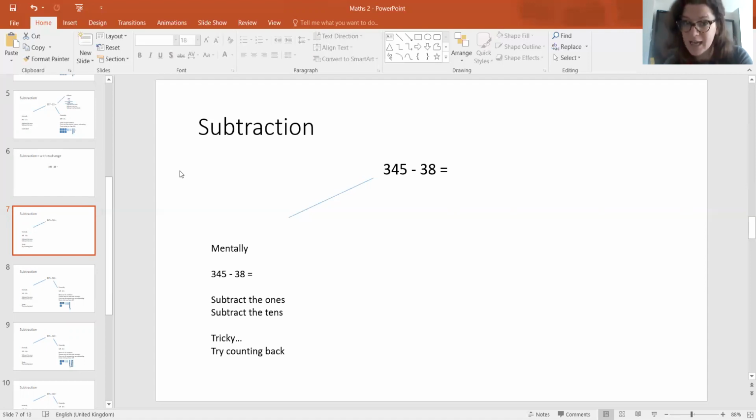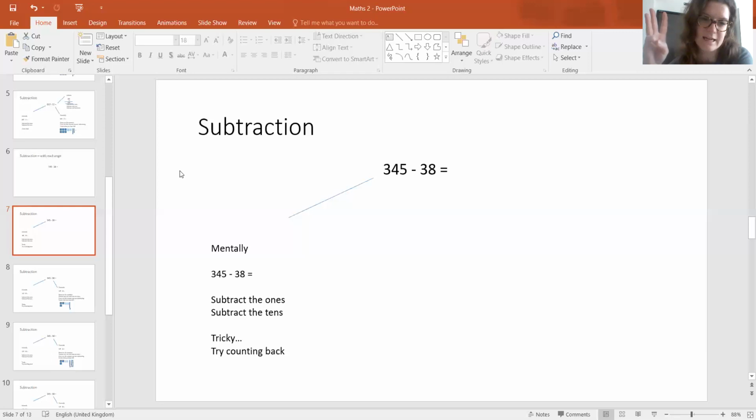I could try counting back. So 345 take away 38. I'll count back 30 first. So 345, 335, 325, 315. So I've used my tens to count back. I'm at 315. Now I need to take away 8.